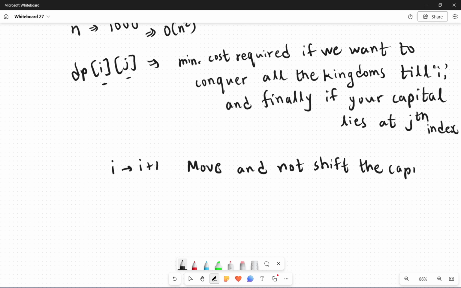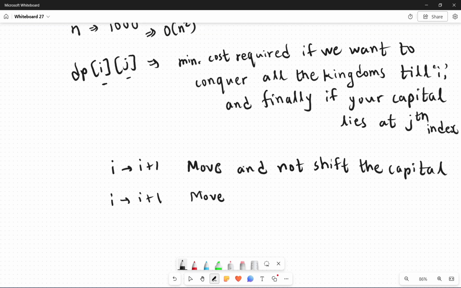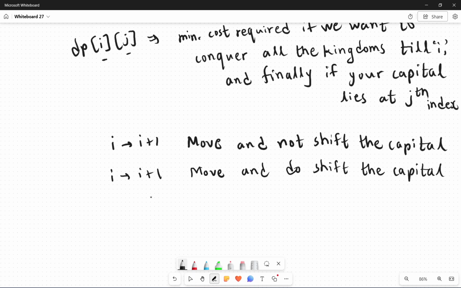You will go from i to i plus 1. You will move, meaning firstly you should conquer it and not shift the capital, for further references.